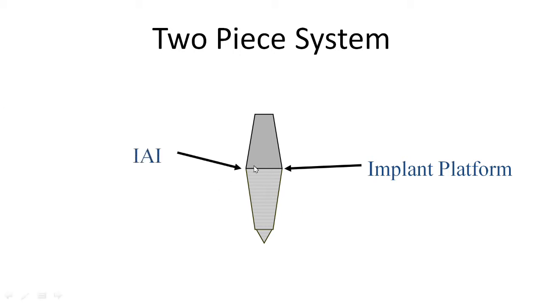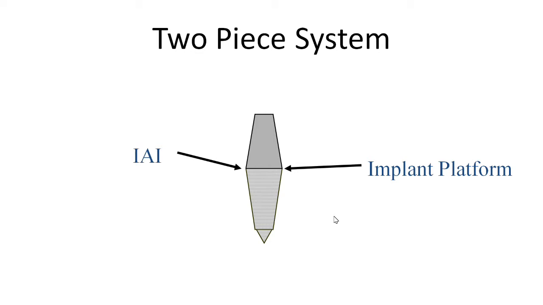And the joint between, or the way in which the abutment connects to the implant, is called the implant abutment interface. So we have the platform, which is the top of the implant, the area where the abutment connects, but the actual design and where the gap is between the abutment and the implant is called the implant abutment interface.